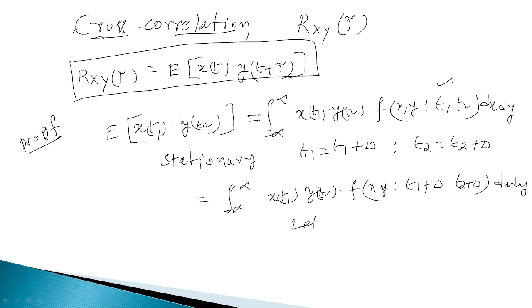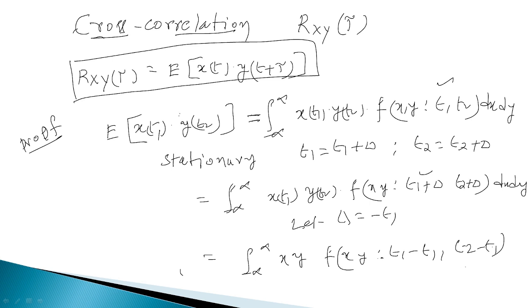Now assume delta equal to minus t1. Substituting in place of delta, we can write it as f of x, y, t1 minus t1 comma t2 minus t1, dx dy. Now it will become 0, and t2 minus t1.